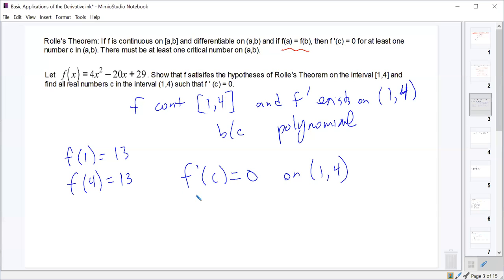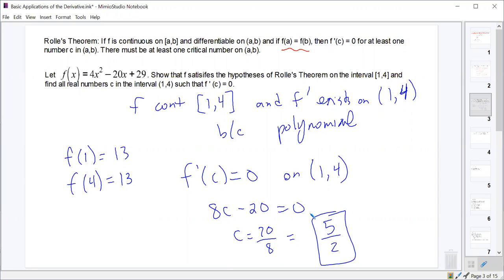And we should be able to figure out where that happens. That'd be 8c minus 20 equals 0, right? The derivative is just set to 0. So 8c is 20, or if we divide that by 4, c is 5 halves. Good or no? Splendid. Great. All right.